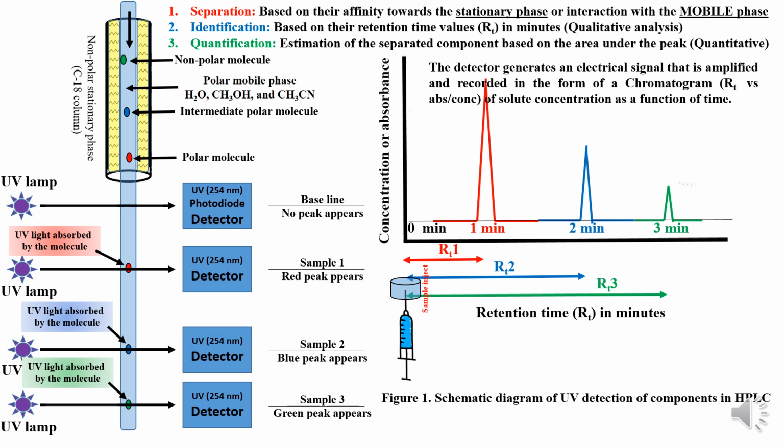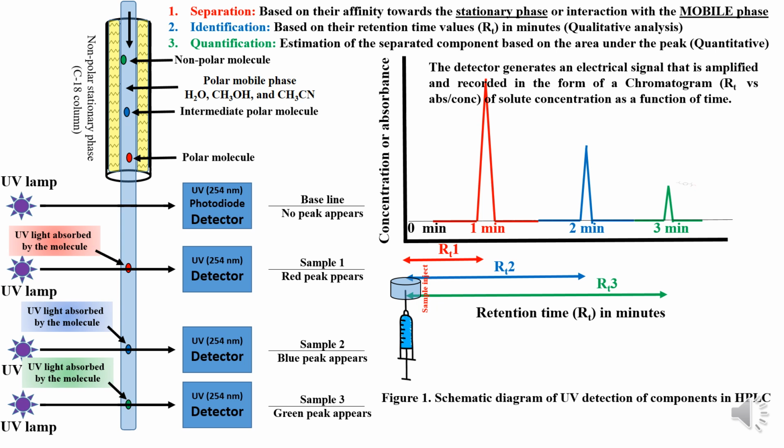As I already mentioned, the RT values are constant for a given sample for a given combination of stationary and mobile phase. So based on their retention time values in minutes, you can identify a particular component and thereby carry out qualitative analysis. So qualitative analysis is nothing but carrying out the identification of the component in the given sample mixture based on their retention time values.